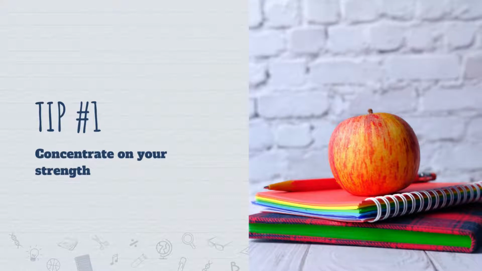That is my tip number 1. If a question comes from your strong areas, make sure you are not losing marks on it. That's the way you have to prepare and concentrate on your strong areas.